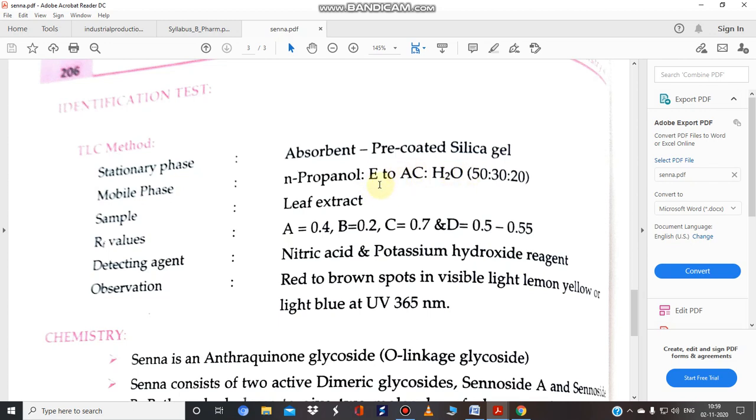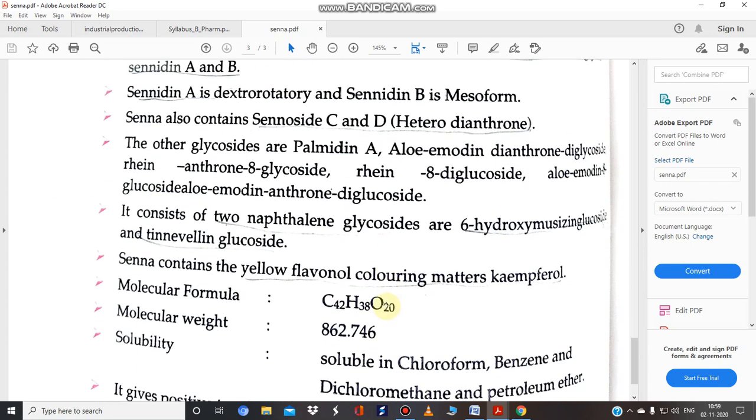This is ethyl acetate, EtOAc. 50-30-20 is the ratio, and it shows different Rf values. Detection is done by using potassium hydroxide reagent or nitric acid, and you will observe red to brown spots in the UV light at 365 nanometer, that is long UV.